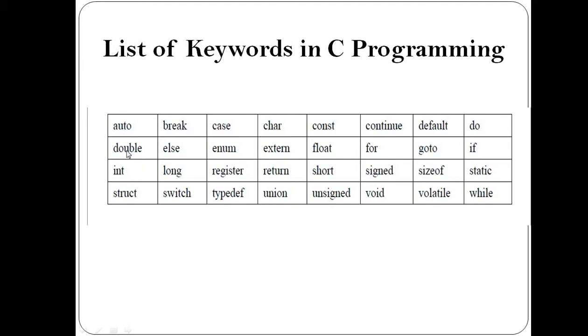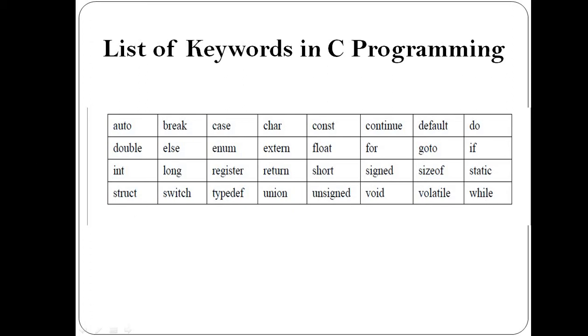So what are the words that are called keywords in C? First is auto, double, int, struct, break, else, long, switch, case, enum, register, typedef, char, extern, return, union, const, float, short, unsigned, continue, for, signed, void, default, goto, sizeof, volatile, do, if, static and while.